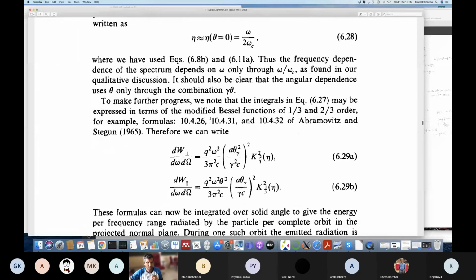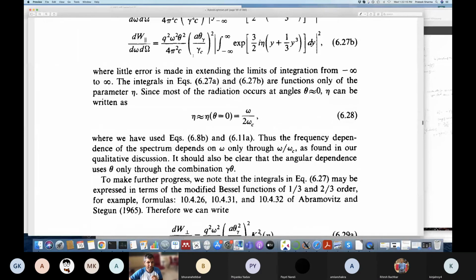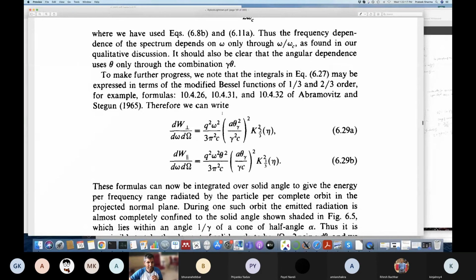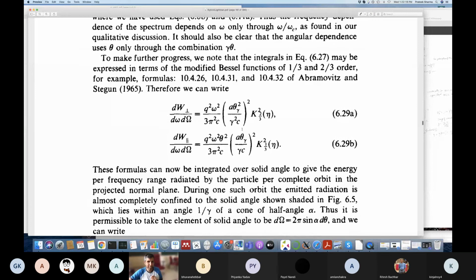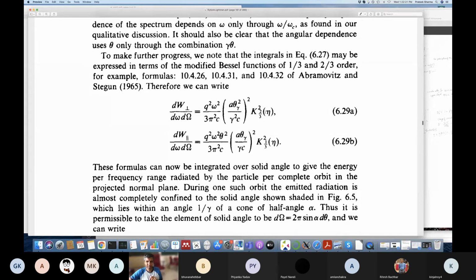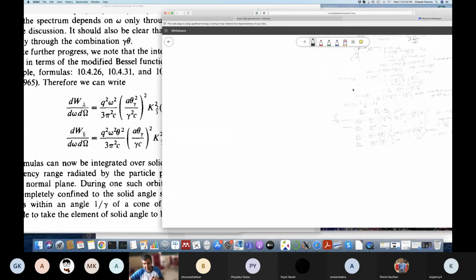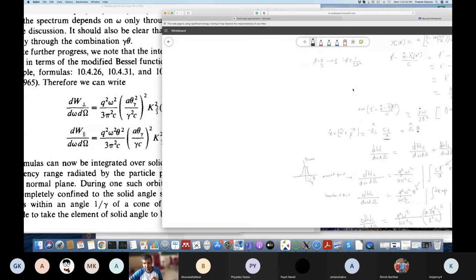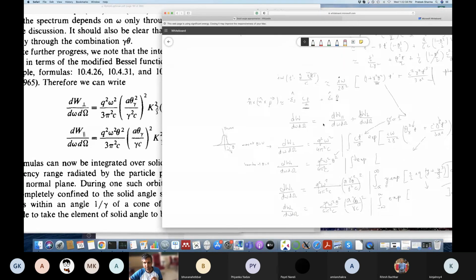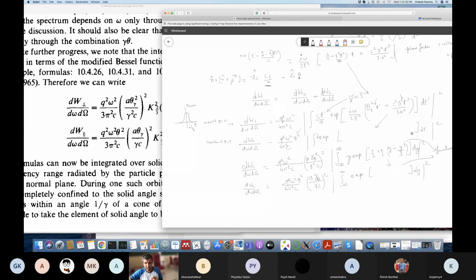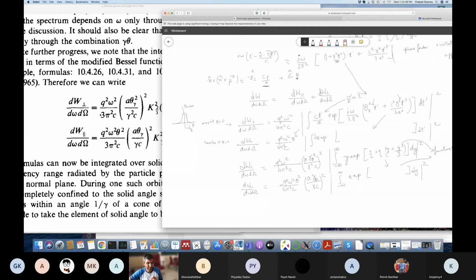So this is what I had, and now you can write these in terms of these integrals. As I mentioned, these are standard integrals.